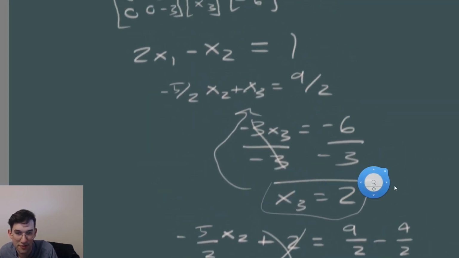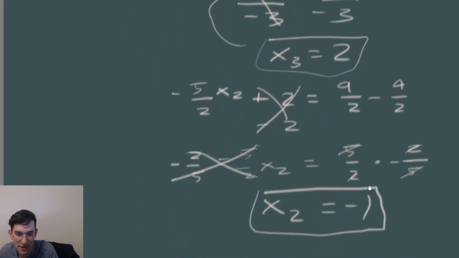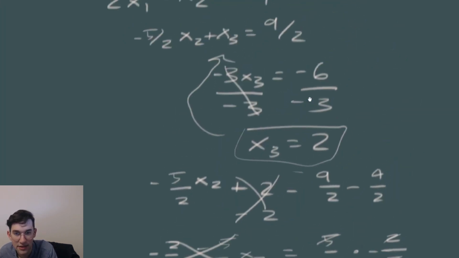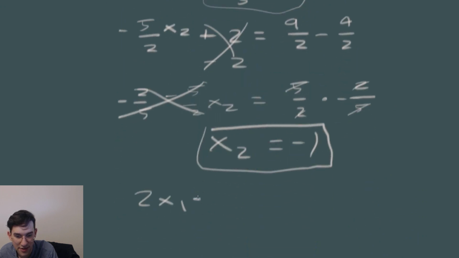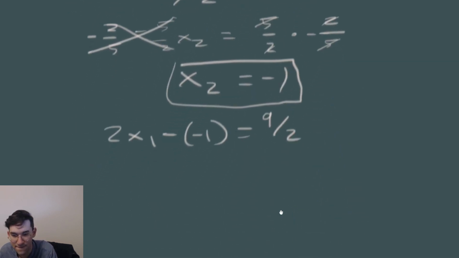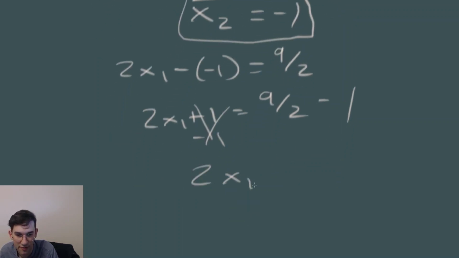Now that we know what those two are, we can plug them in. There's no x3 in the first equation, so all we need is x2. So we have 2x1, plug in x2 next, negative x2, so negative 1, and that's equal to 9 halves. All right, negative times negative 1, this is positive 1. Now we're going to minus 1 on both sides. Okay, that gets rid of that. 2x1 equals 9 halves.